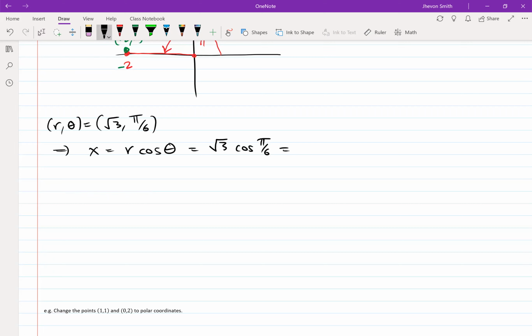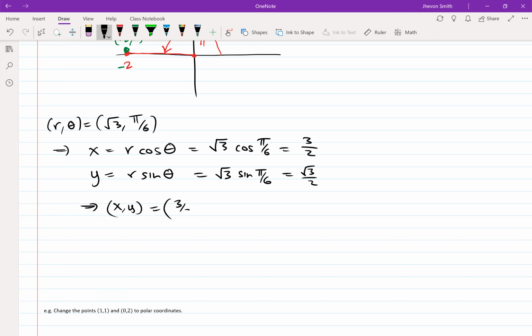Cosine pi over 6 is radical 3 over 2. Y is going to be r sine theta, so radical 3 sine of pi over 6. Sine of pi over 6 is a half. So your x comma y would be 3 over 2 comma radical 3 over 2.